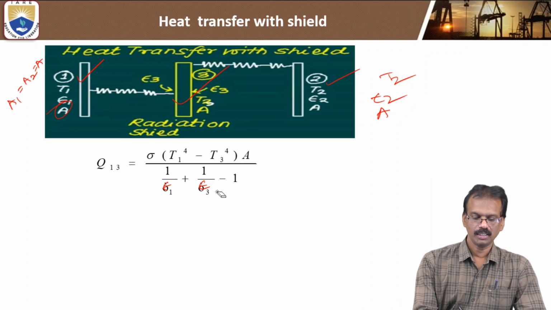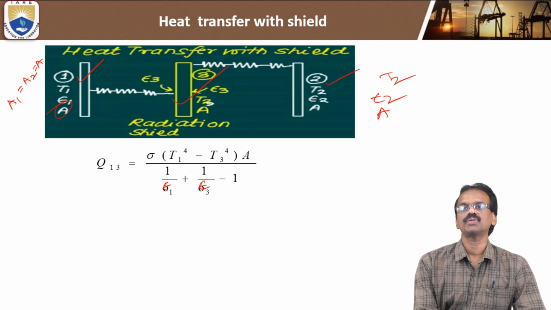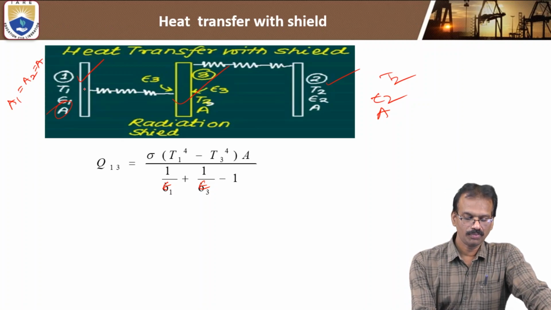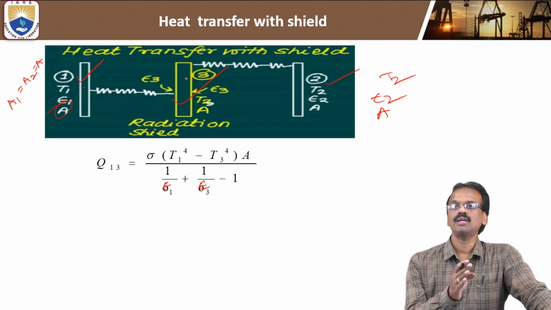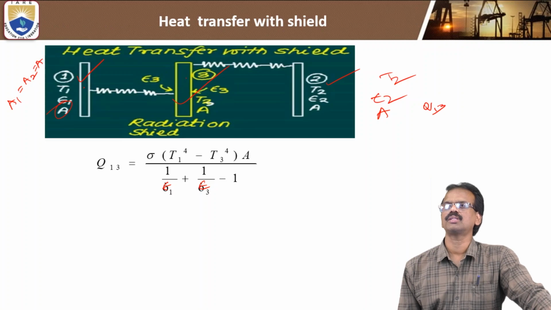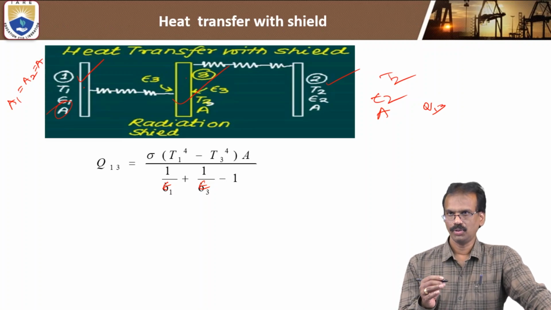First we consider heat transfer from surface 1 to 3, that is, surface 1 and the shield. Q13 is the rate of heat transfer from surface 1 to the shield, surface 3.